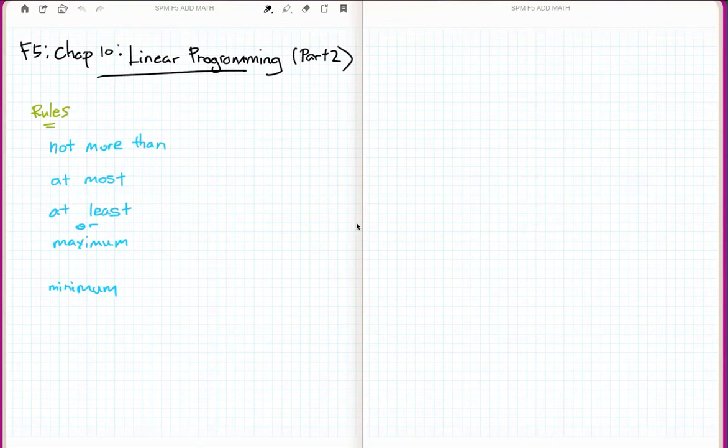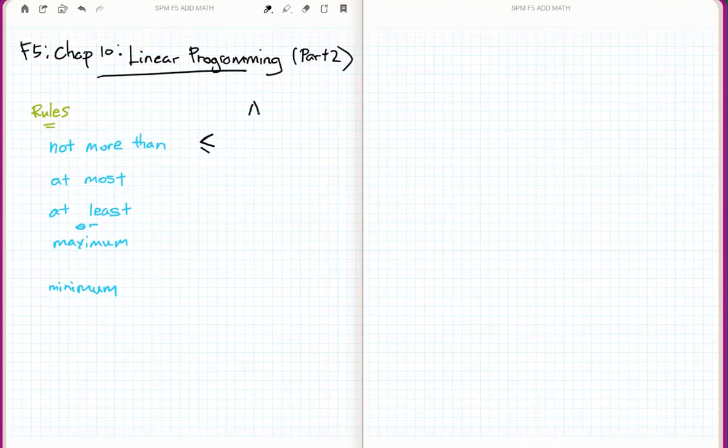For part 2 here, for inequalities in this chapter, we will come across terms like some box A not more than box B, or not more than a number. If you see keywords like "not more than", it means less than or equal to.